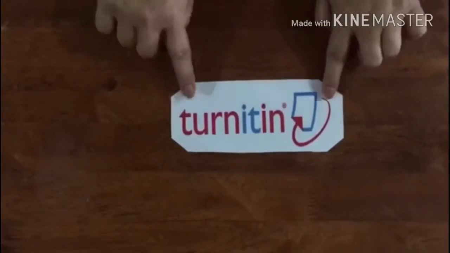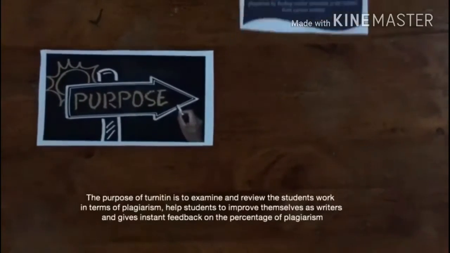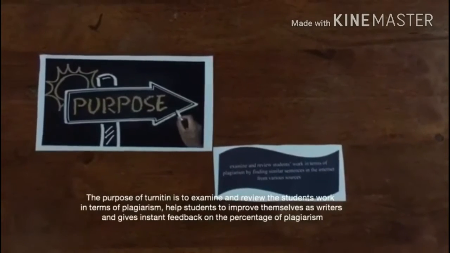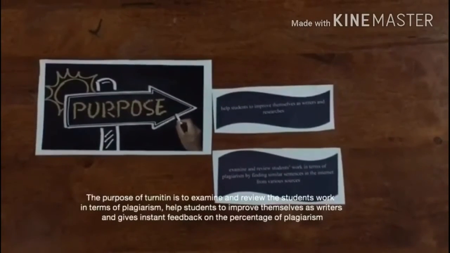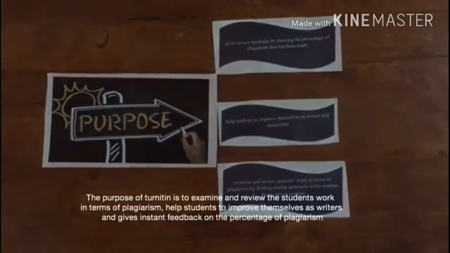The second application we'll review is Turn-In. The purpose of Turn-In is to examine and review the student work in terms of plagiarism, help students to improve themselves as writers, and give instant feedback.